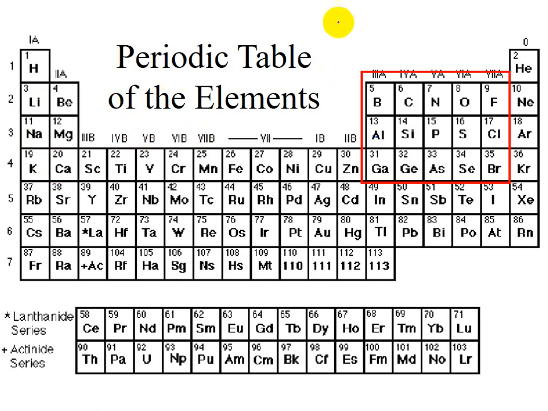For the other materials, for example, group 3A: boron, aluminum, gallium, indium, etc. Group 3.